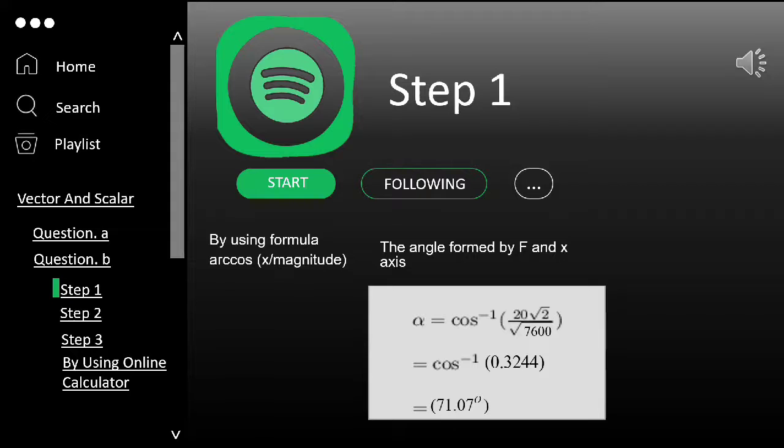This question does not mention which angle we should calculate. So for this three-dimensional vector, we should calculate the angle between vector F and the x-axis, the angle with the y-axis, and the angle with the z-axis.